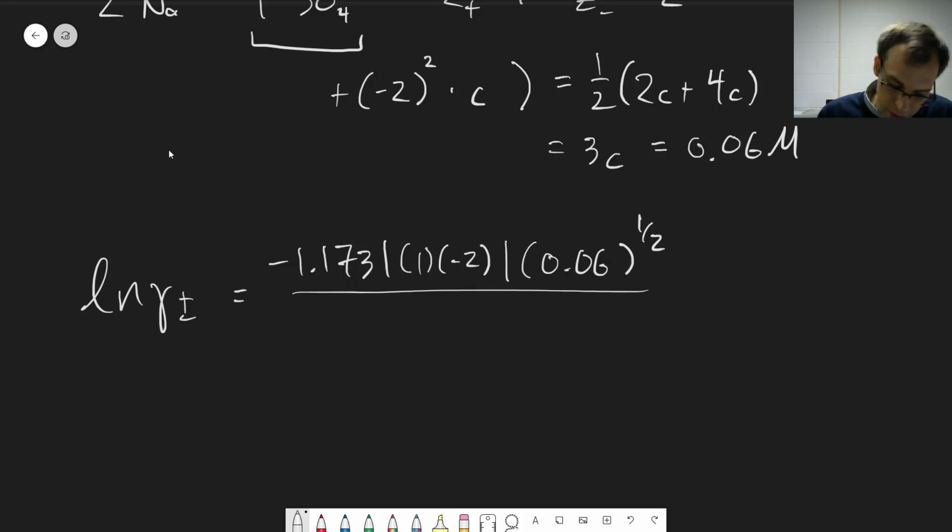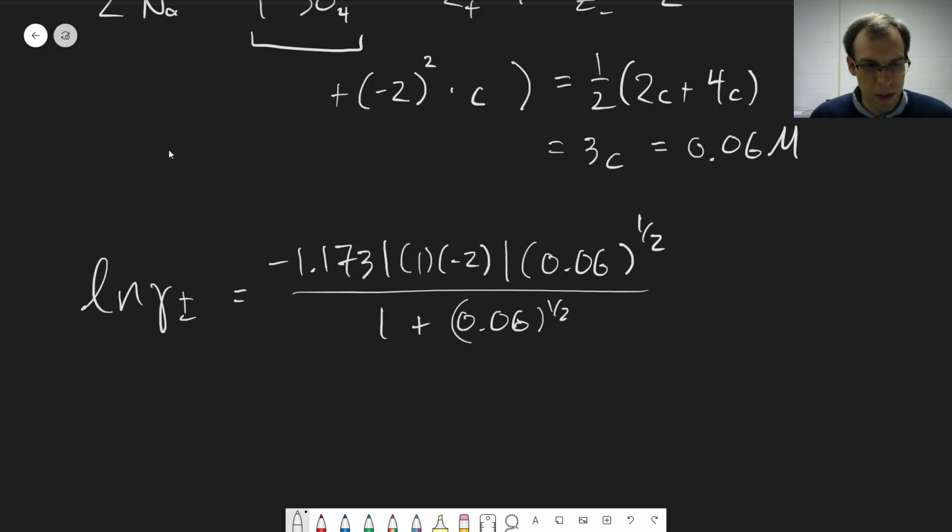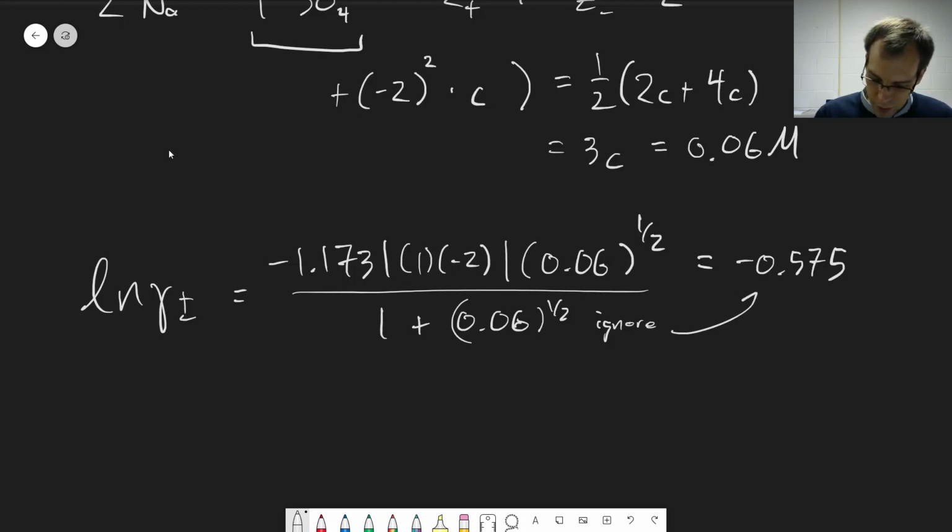If we use the extended version, we get 1 plus 0.06 raised to the 1/2 power in the denominator. You can do this with or without the extended version. Without the extended version, that's the version I have in my notes here. If we ignore the bottom, this gives us negative 0.575. Then if we calculate with the extended version, I'll just need to plug this into my calculator real quick.